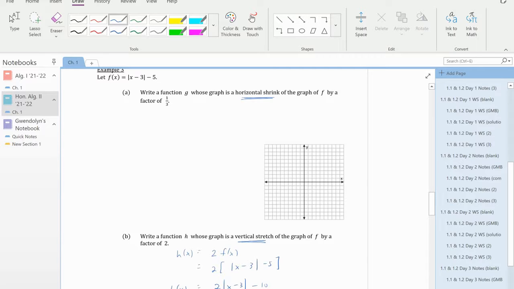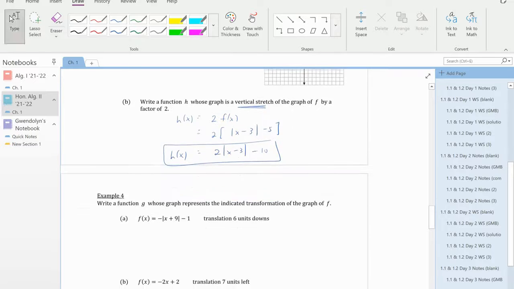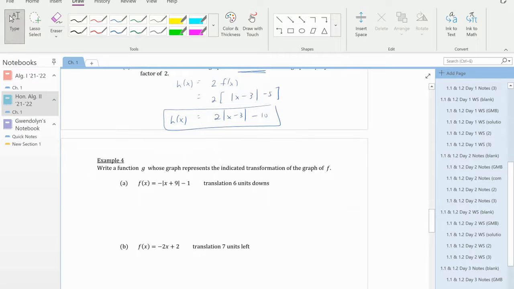Okay. And again, if you want to make sure you're right, we could go to Desmos and look at the two of them together. Example 4, let's see what we're doing here. Write a function g whose graph represents the indicated transformation of the graph of f. So we're going to take this, move 6 units down. So we're going to take that function and move it 6 units down, and we're going to call it g.